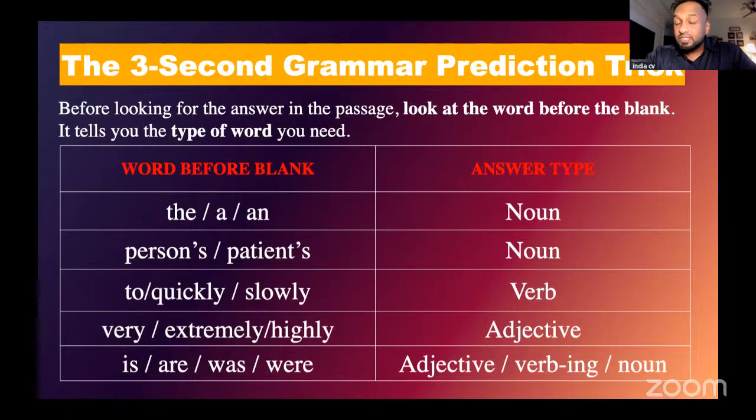Or you see a possessive noun. Now, what is a possessive noun? The word which has an apostrophe with a common noun, like, for example, person's or patient's. That's a possessive noun. So, obviously, your answer type is going to be a noun.